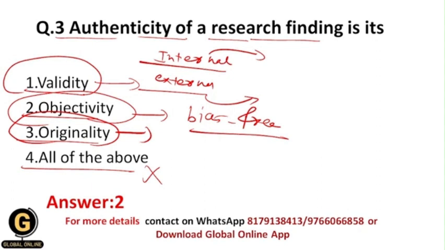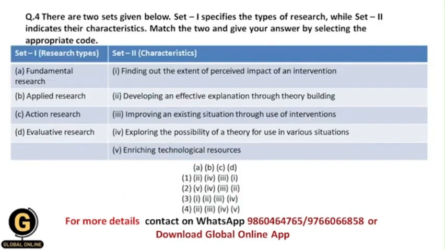I hope all of you understood, but still if you have any doubts, you can ask me in the comment box. Okay, now here students, we have given two sets, set 1 and set 2. In set 1 they have given us research types, and in set 2 they have given characteristics of each research type, and here we have to match the correct characteristics to the correct research type.